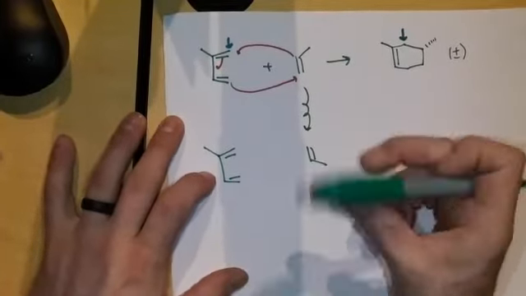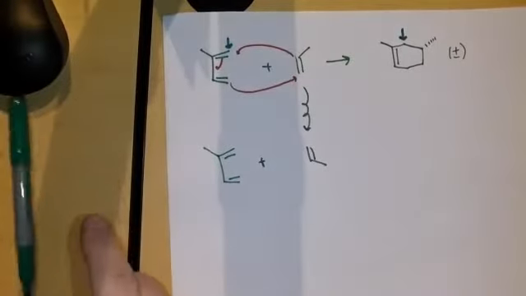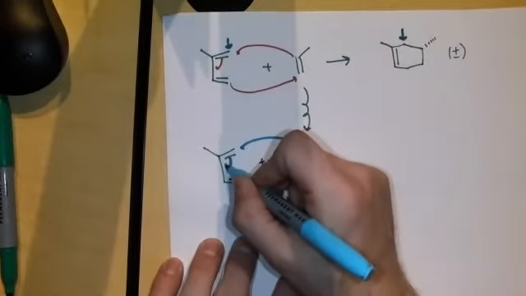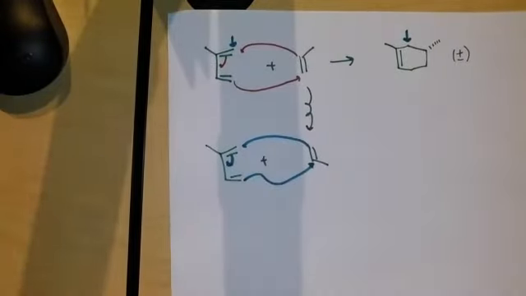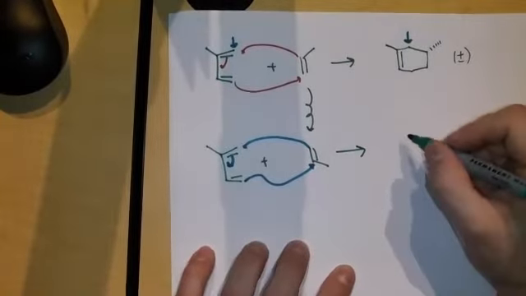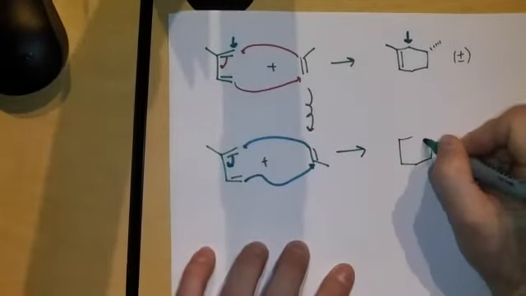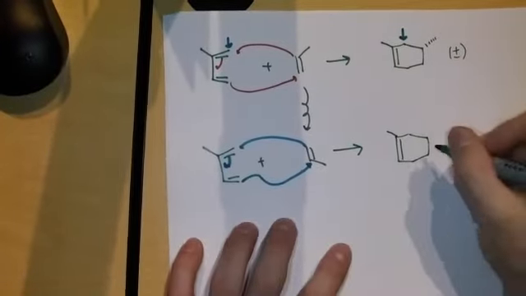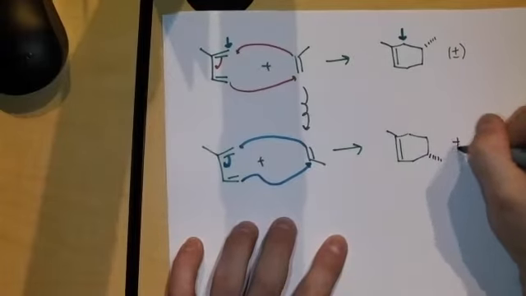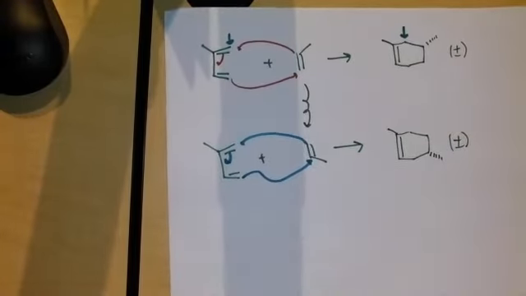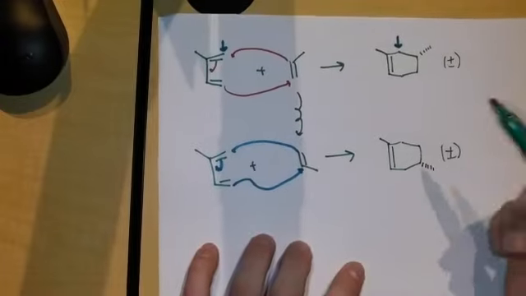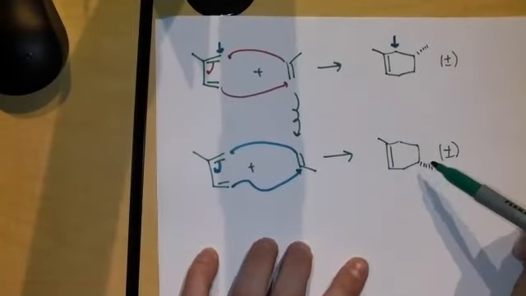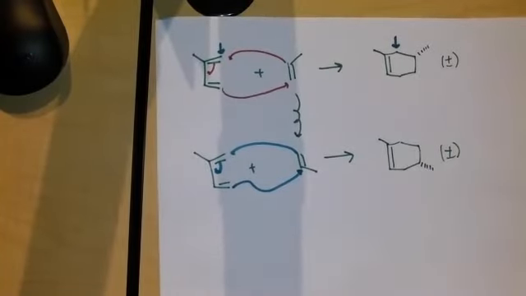Now this methyl is on the bottom. Six-membered ring with a double bond, but our methyl is here. So these are two different products. If you're thinking about distance away from this methyl, this is 1, 2, 3 versus 1, 2, 3, 4. They are actually different products in this case.